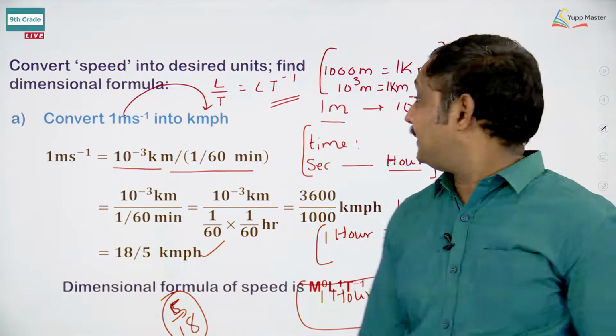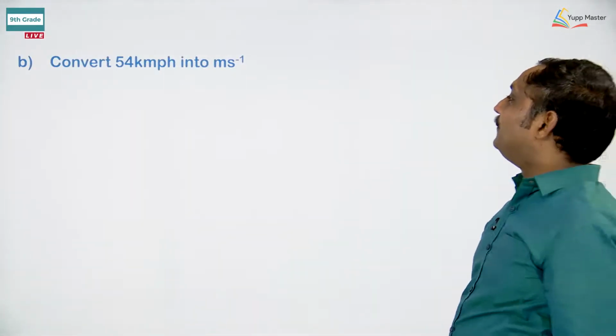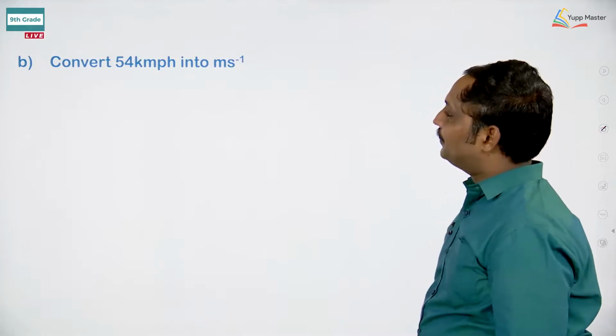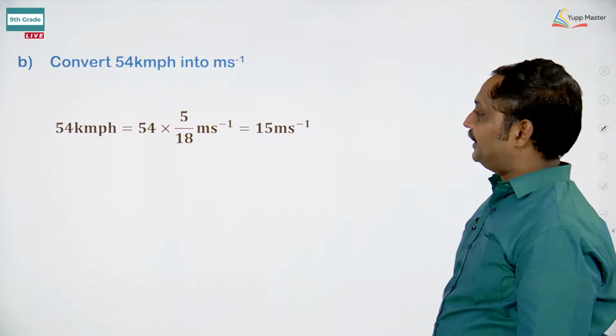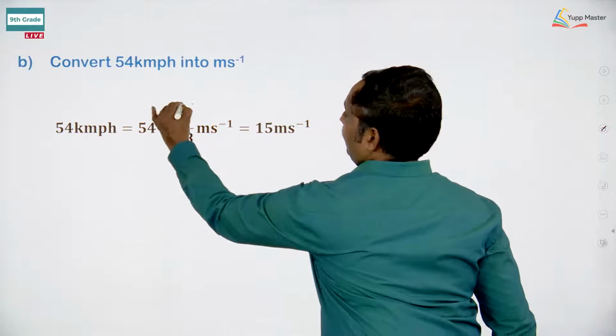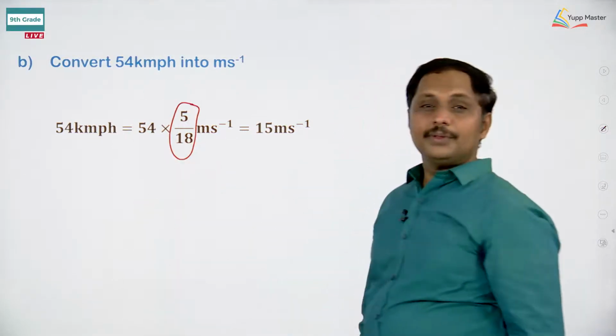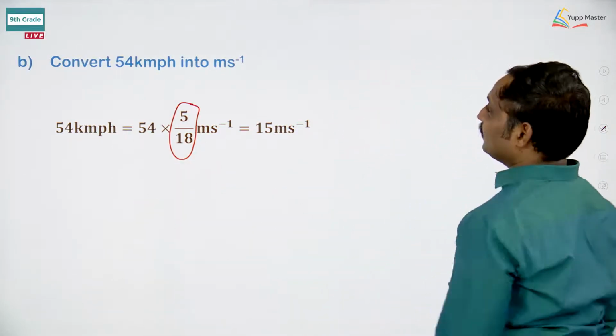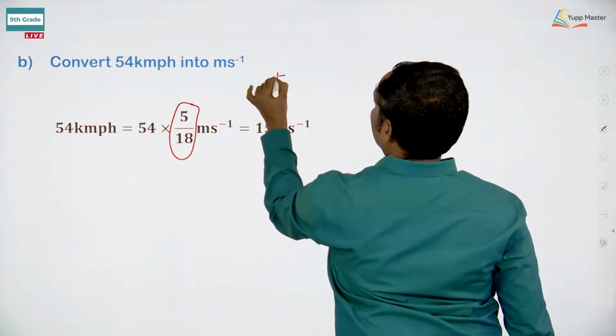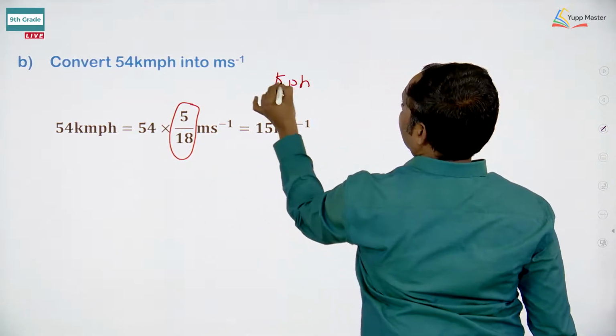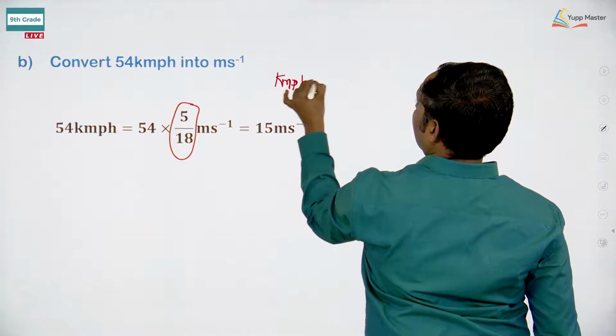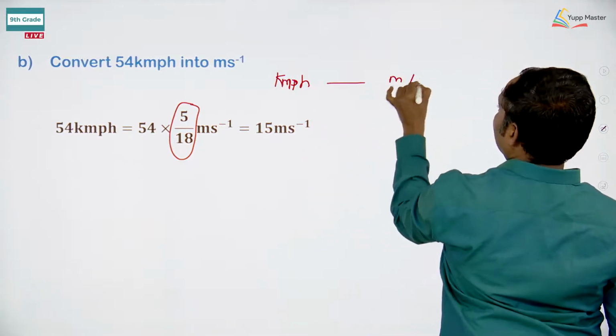Now convert 54 kilometer per hour into meter per second.